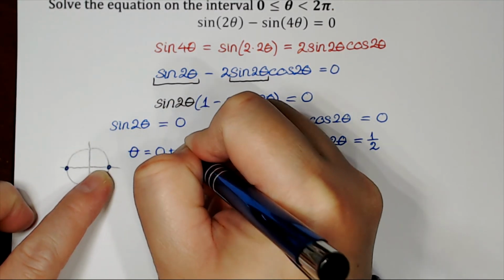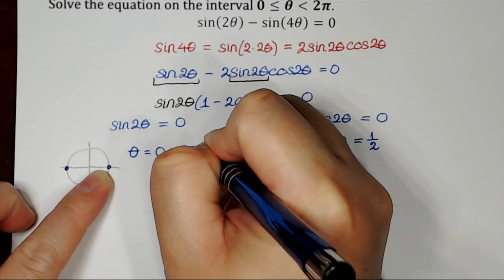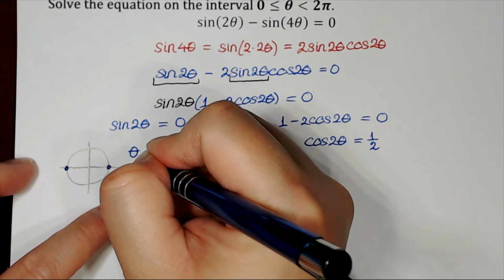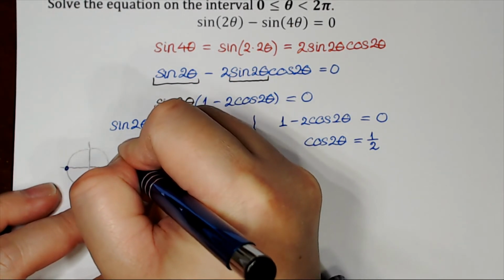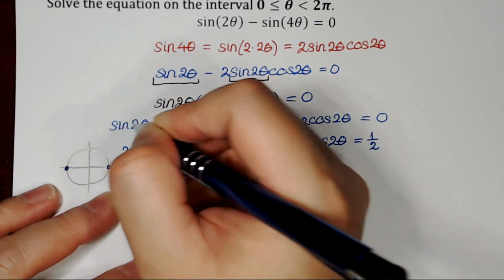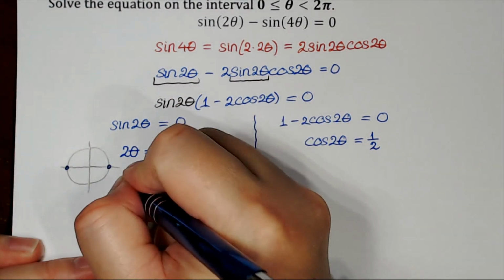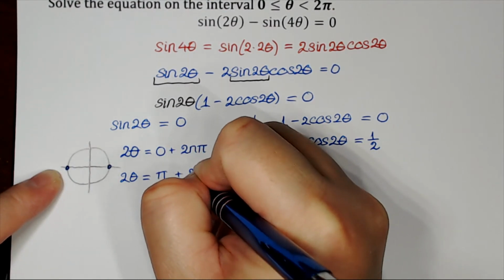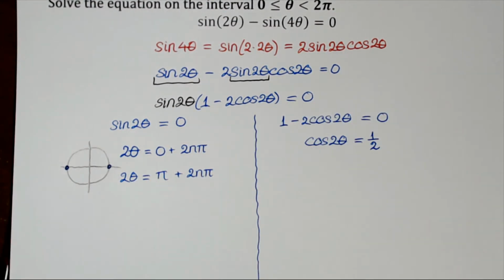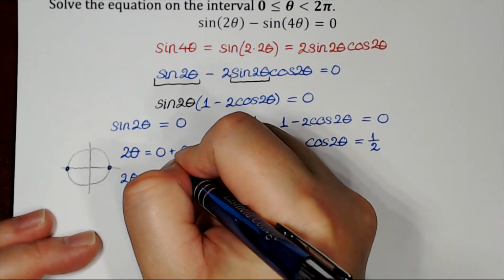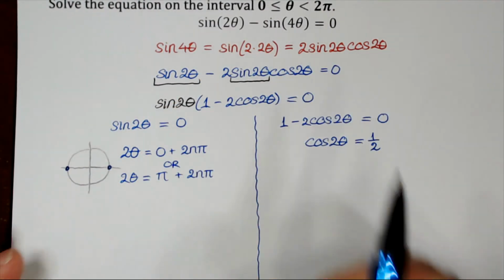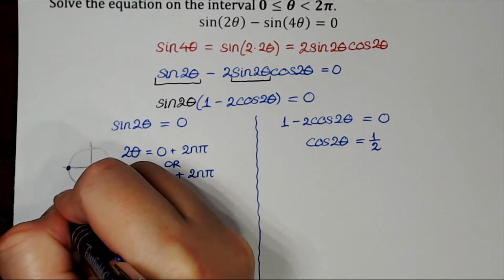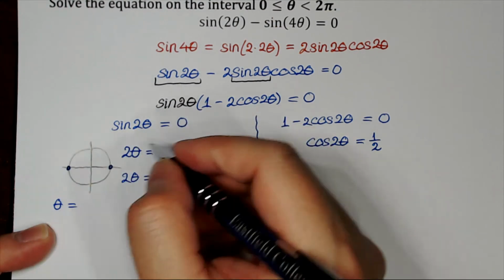Here we have another trigonometric equation dealing with multiple angles. We have sine 2 theta here and sine 4 theta there. Somehow we have to write that in terms of only one type of multiple angle. So we will have to rewrite sine 4 theta.